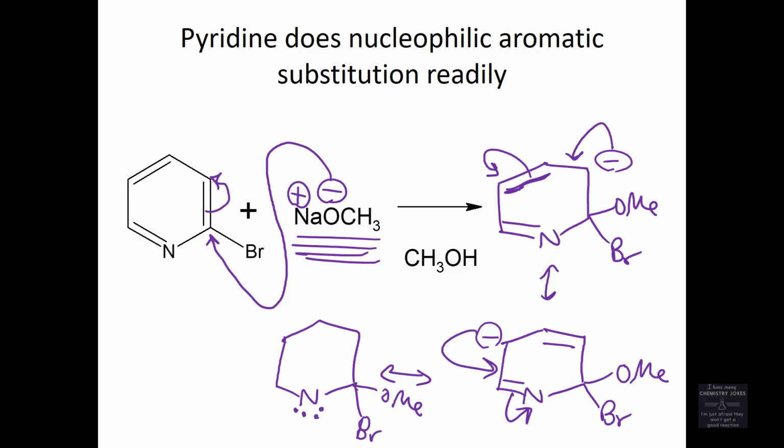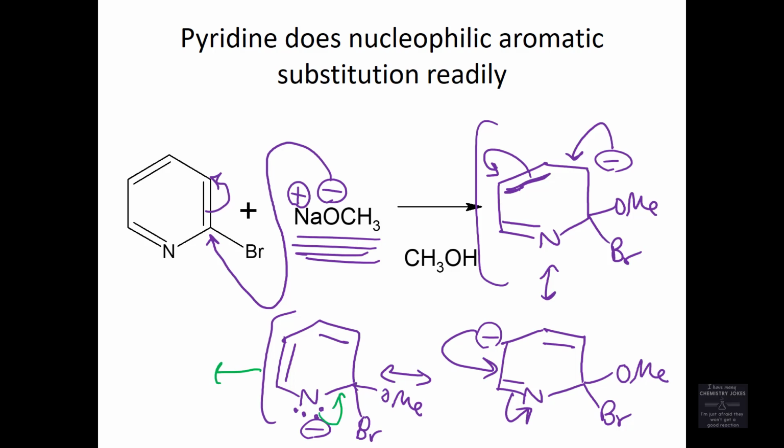What's so excellent about this? If we were to judge these Meisenheimer intermediates, is there any resonance that's any better than any other? That last one is the best. Everybody has an octet in all of them, but carbon with a minus versus carbon with a minus versus nitrogen with minus, nitrogen minus is better.